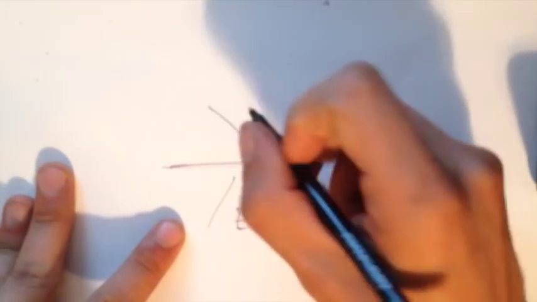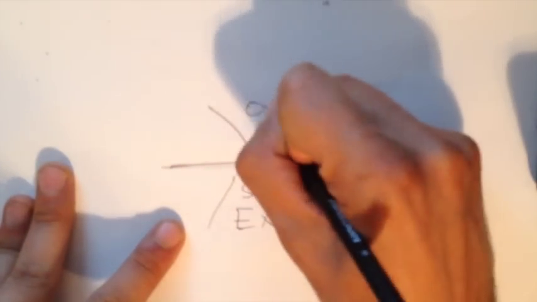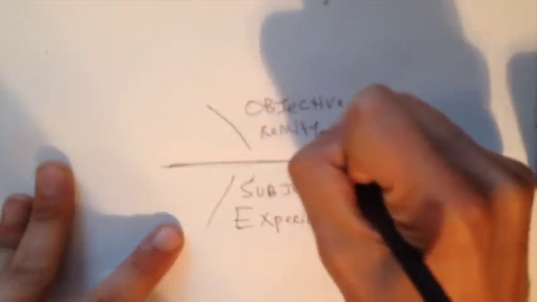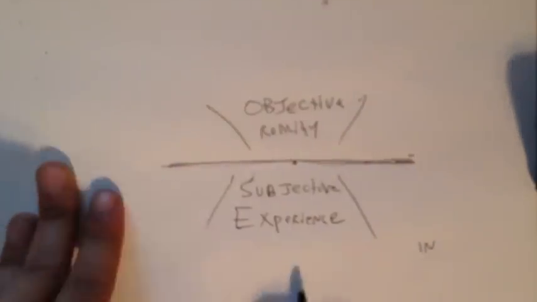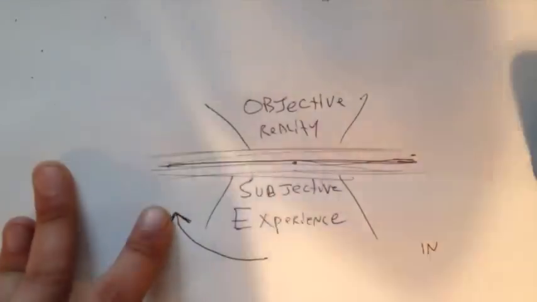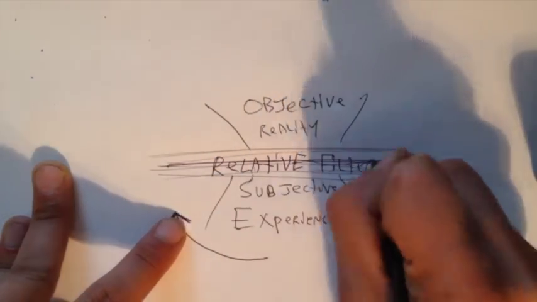And on the other side, there's objective reality. And there's a circle that happens. And in the middle, there's a relative filter of culturally constructed meanings, values, and symbols.